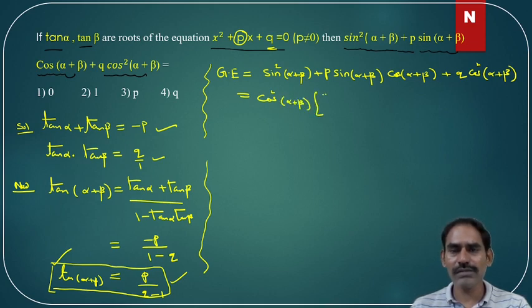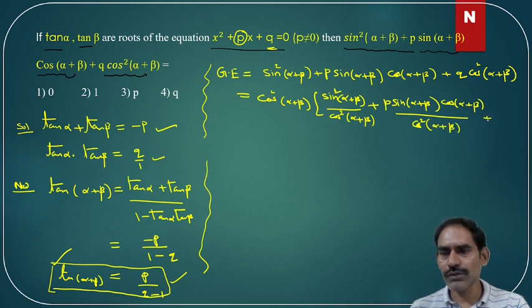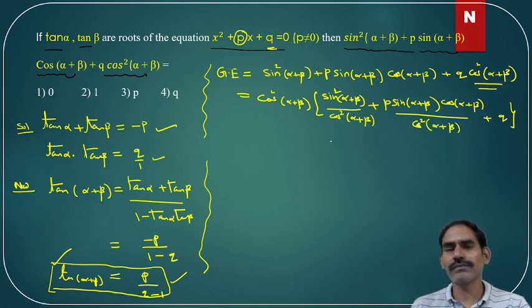Now this will be sin square (alpha plus beta) by cos square (alpha plus beta), plus p into sin(alpha plus beta) into cos(alpha plus beta) by cos square (alpha plus beta), plus q, because here cos square (alpha plus beta) is common.